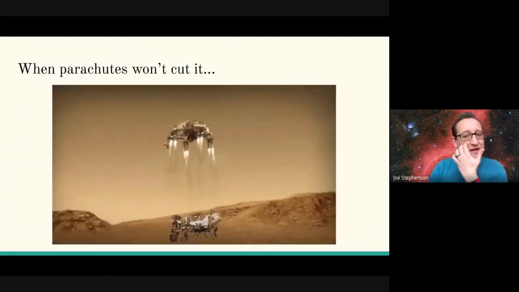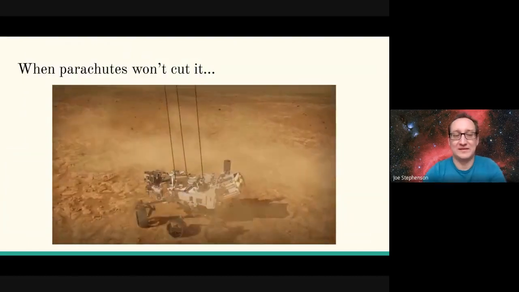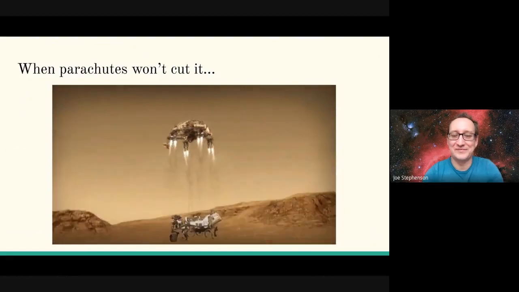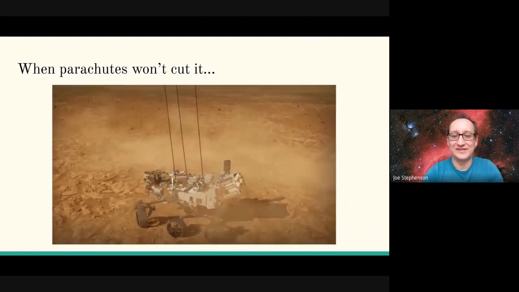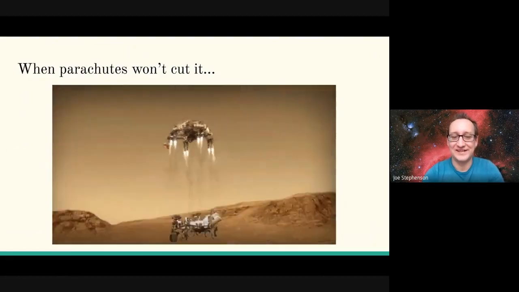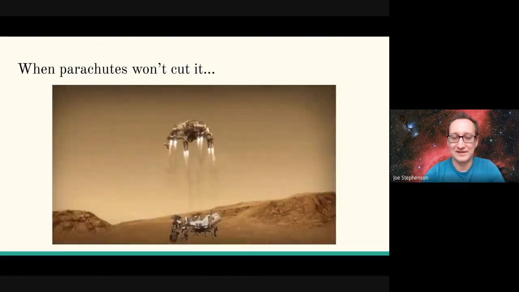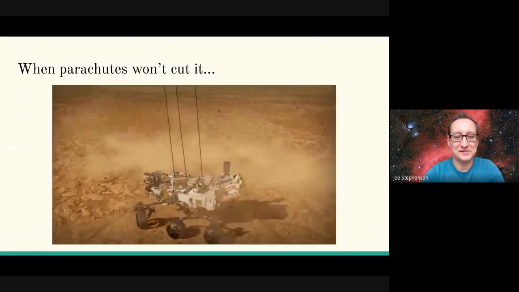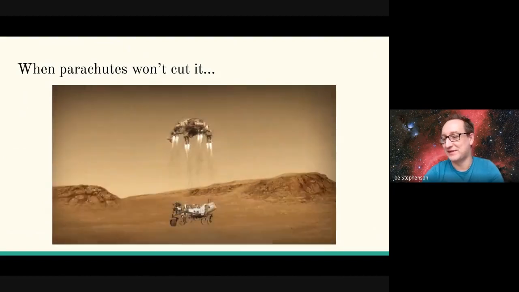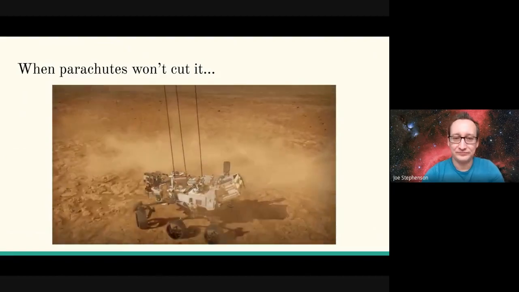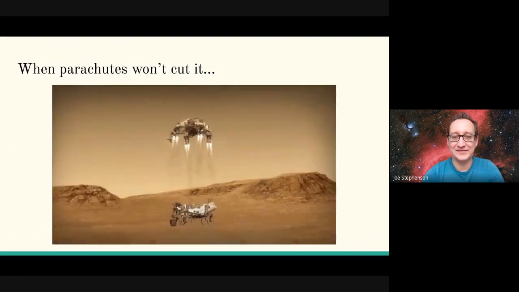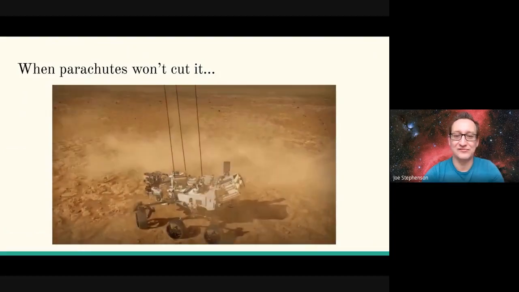So there we go. Now, NASA landed Perseverance on Mars recently, and they did this also with the previous Mars rovers. They can't use parachutes. Parachutes are no good on Mars because the air is too thin. So instead they use landers, and these landers use rockets essentially.